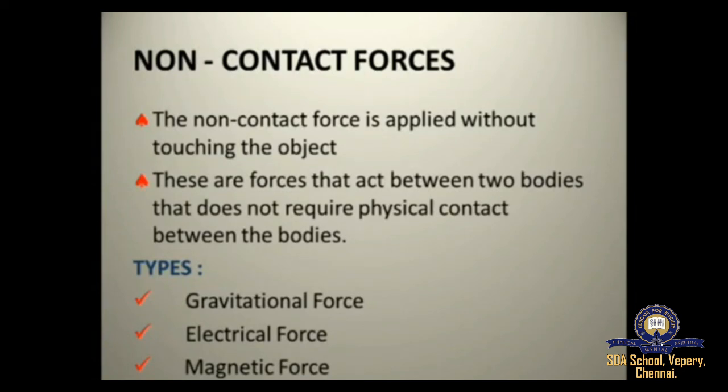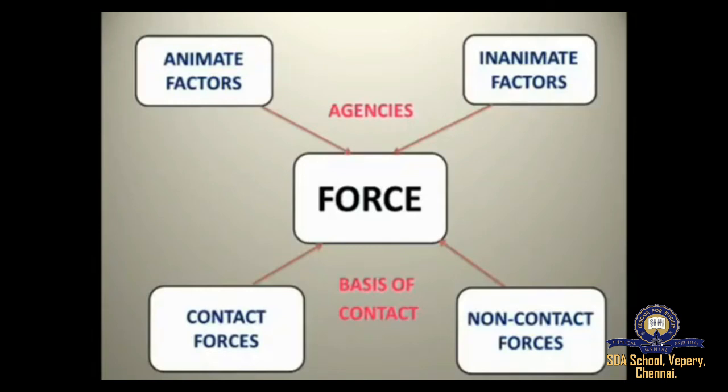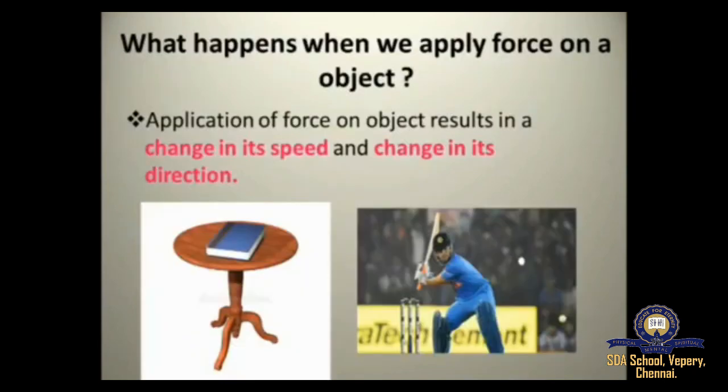We even saw the definition of each force. Next we saw a few examples of non-contact forces, and then the classification of force. It is classified into animate and inanimate factors, and on the basis of contact, force is classified into contact force and non-contact force.